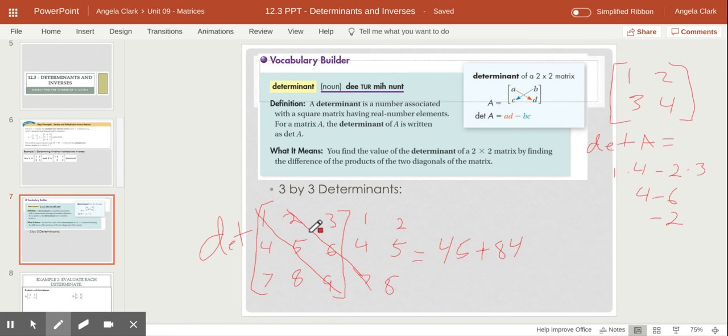I'm still adding when I'm doing this diagonal, and then I'm going to do the third diagonal. This is why I rewrote those columns, so that I could just get the diagonal instead of having to go over here and get these 2. That's confusing. So we just rewrite them, and then it's just a diagonal. So we have 8 times 4, which is 32, times 3, which is 96. So plus 96.